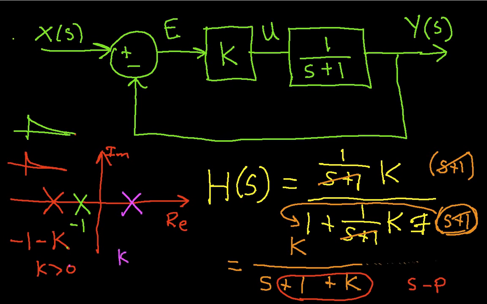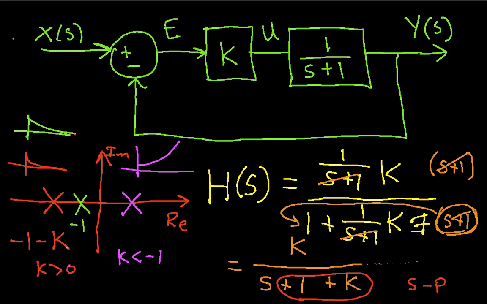So if k is less than negative 1, I've moved my pole out here, and this corresponds to a transfer function that looks like this. So by having a negative gain, what I've actually done is caused my system to become unstable, which is typically a bad thing.